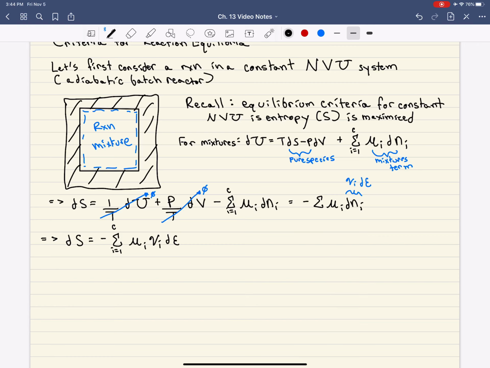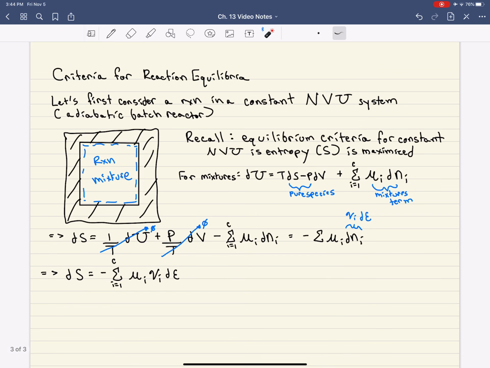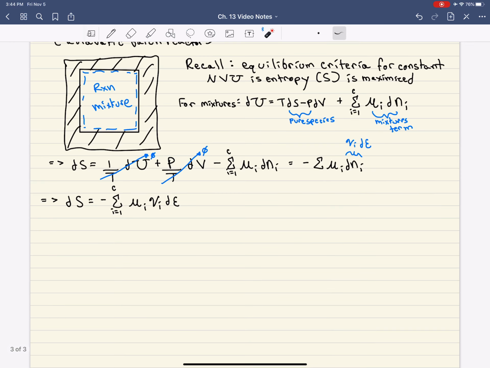Okay? Alright, so we have this here. We have this statement that in order for a constant NVU system to reach equilibrium, its entropy has to be maximized. And right now in the fundamental equation that we have dS, and we have epsilon. So the canonical variable for entropy here is going to be that epsilon.